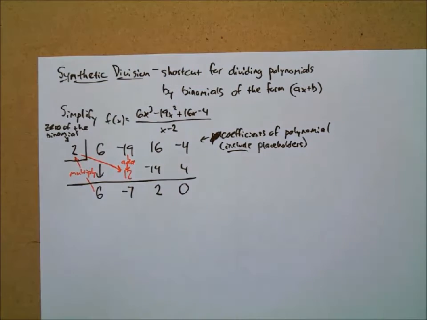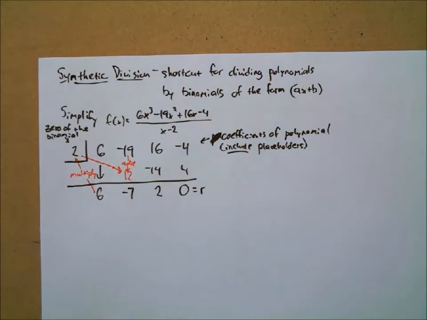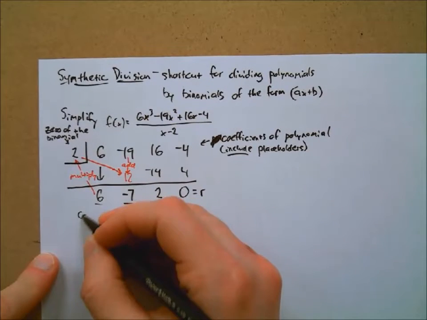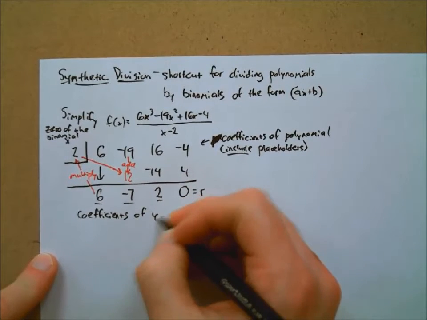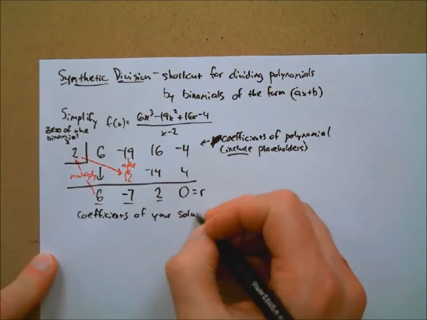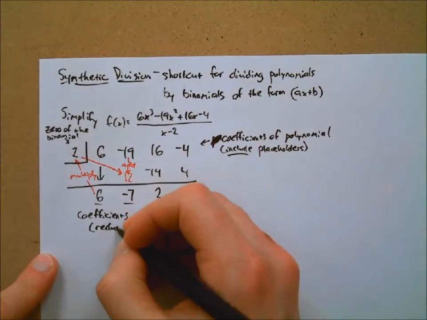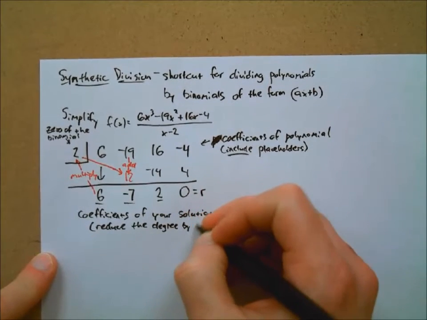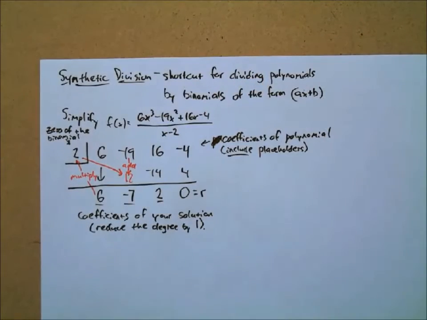This number at the end here is your remainder. So the remainder here is 0. That means this divided evenly. And these numbers here are the coefficients of your solution, but you must reduce the degree by 1. In other words, we started with a cubic, so our solution is going to be quadratic.